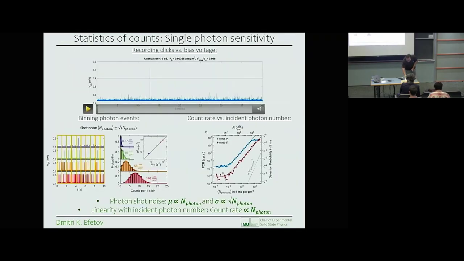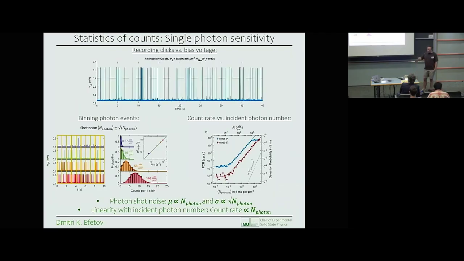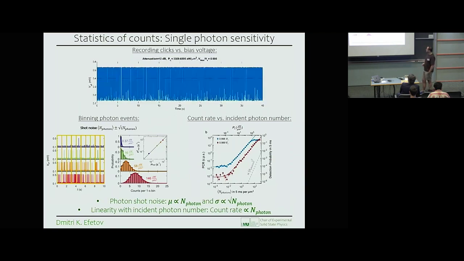Here is a measurement trace that we can take with such a device, where we are recording clicks across the device as a function of bias voltage when we tune the bias voltage closer and closer to the superconducting transition. You can see we have really perfectly quantized events that we can record, which become much more dense until they saturate when we tune the bias close to the transition. We can then do statistical analysis on these clicks, so we can bin them up.